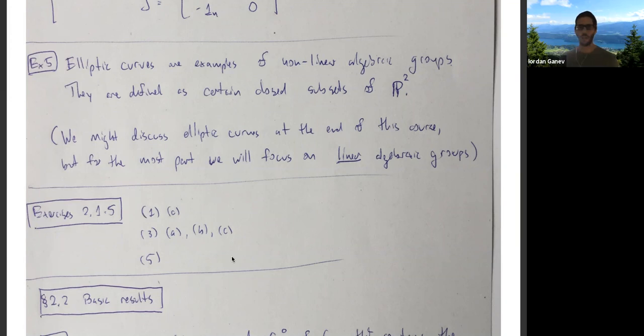GLn is the general linear group, and when I say embedding, I mean closed embedding, and any linear algebraic group appears as a closed subgroup. So that's something we'll prove probably next time. That was what you were asking about, right, Tom? Yes. Okay.